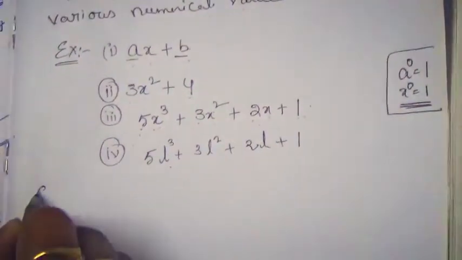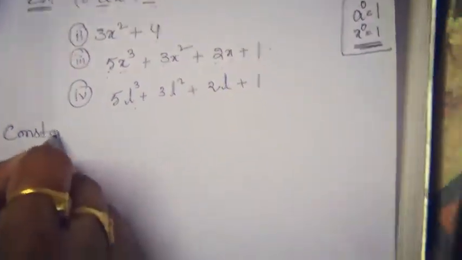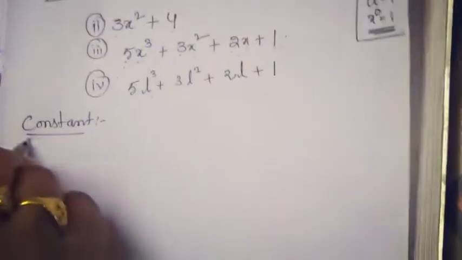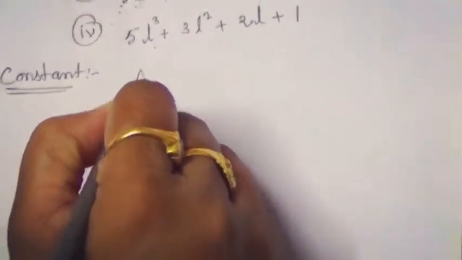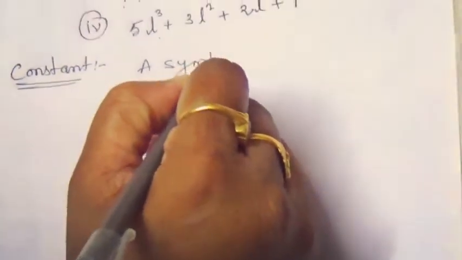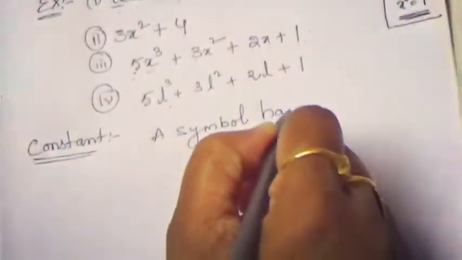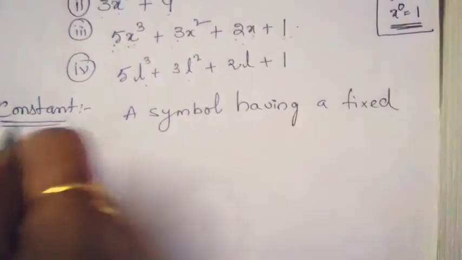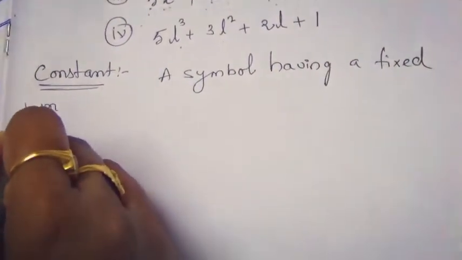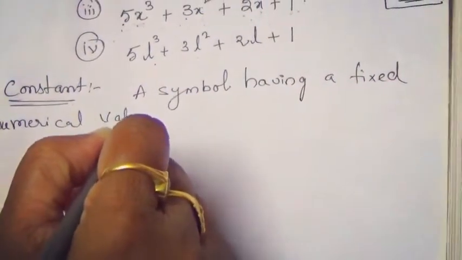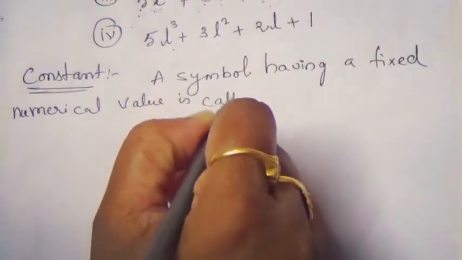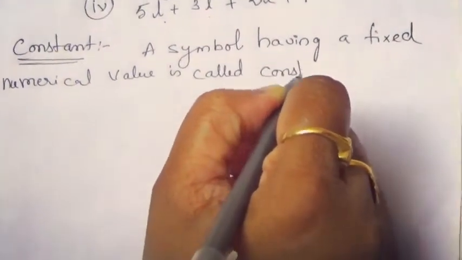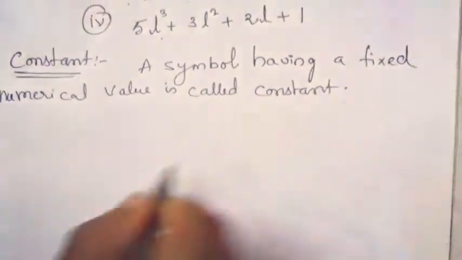The next one is constant. What do you mean by constant? A symbol having a fixed numerical value is called a constant.